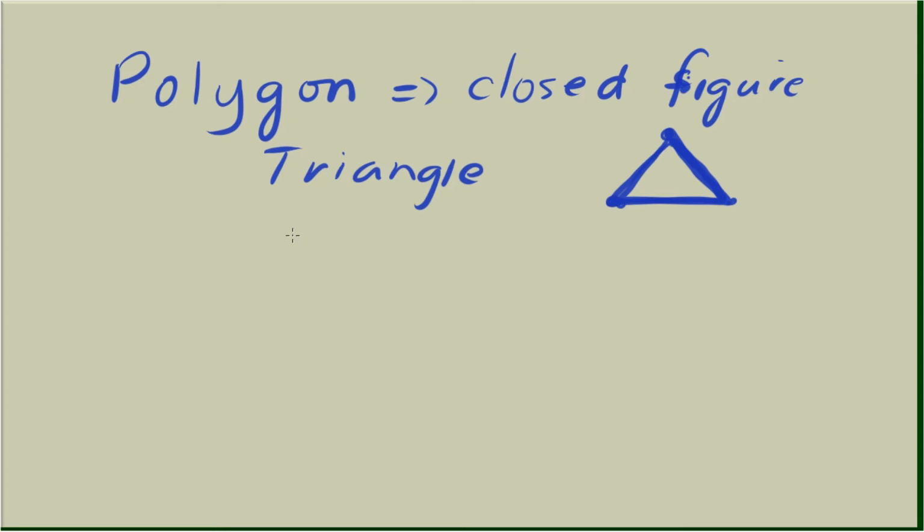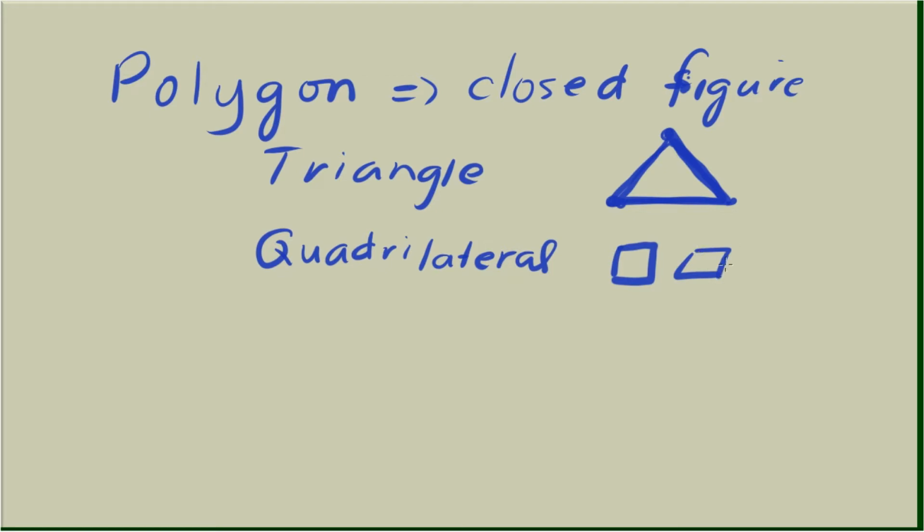Another example of a polygon is a quadrilateral. A quadrilateral is a general or generic name for any four-sided figure. So a quadrilateral includes square, rhombus, rectangle, kite, as long as you have four sides, they are all closed, and their line segments intersect at the endpoints.